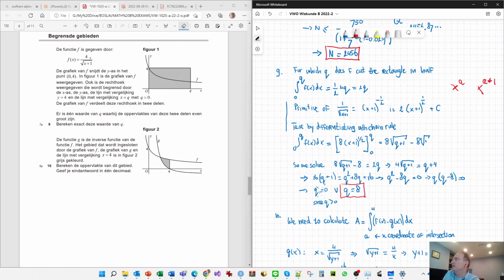A plus 1, but then say if you want to, you always have to double check if you have a primitive to calculate the derivative and find out that you're back at the same function.